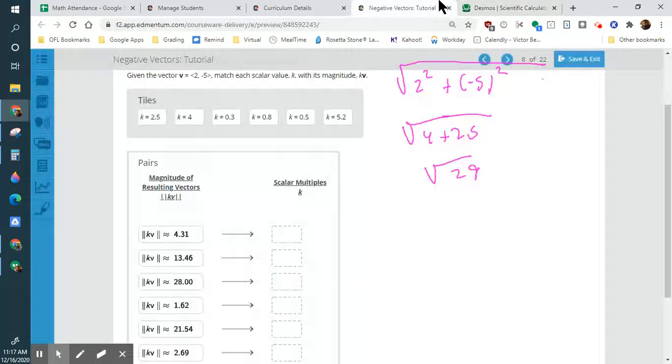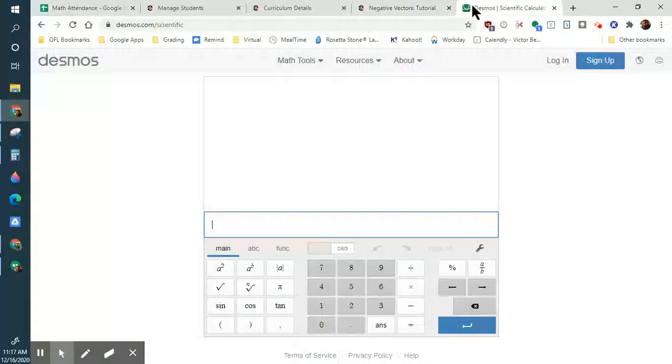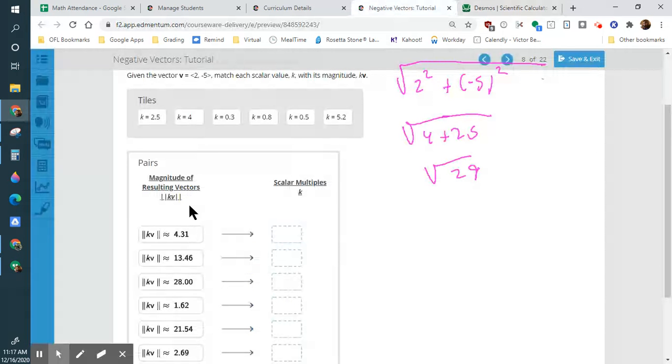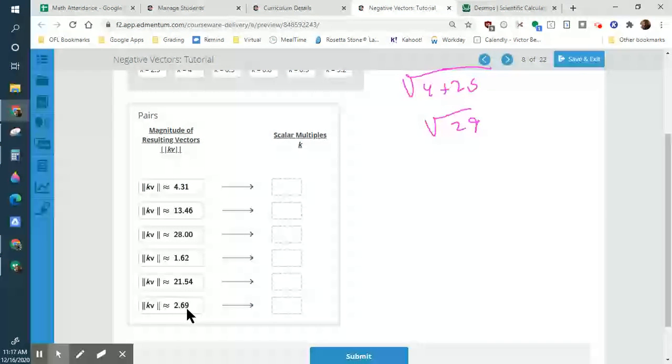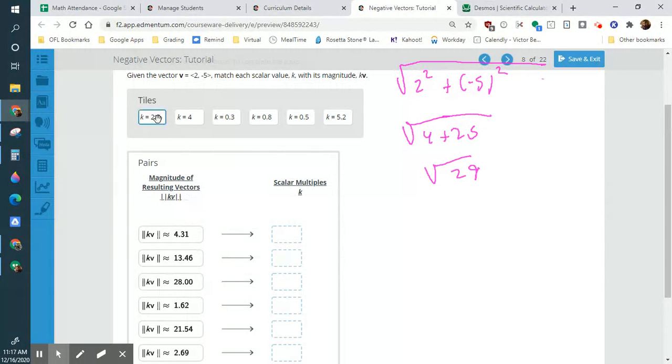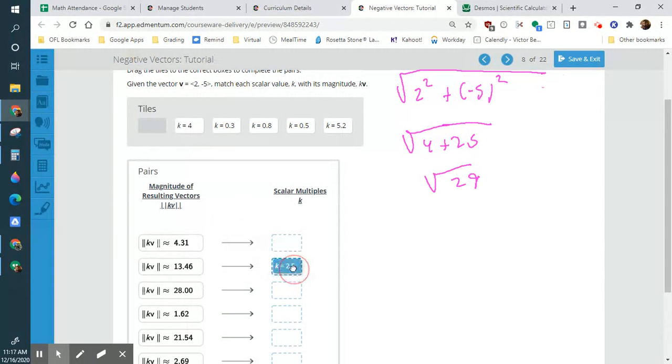All right. And the first one we're going to do is the 2.5. So 2.5 times square root 29. We get about 13.4. So we're going to try to find one that has that 13.4. So that's going to be this one. And then because we already have the calculator open, this makes it a lot easier.